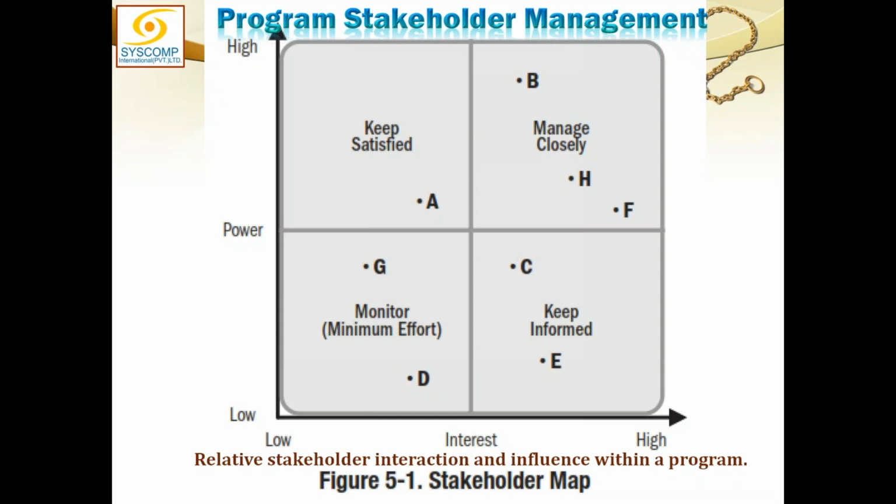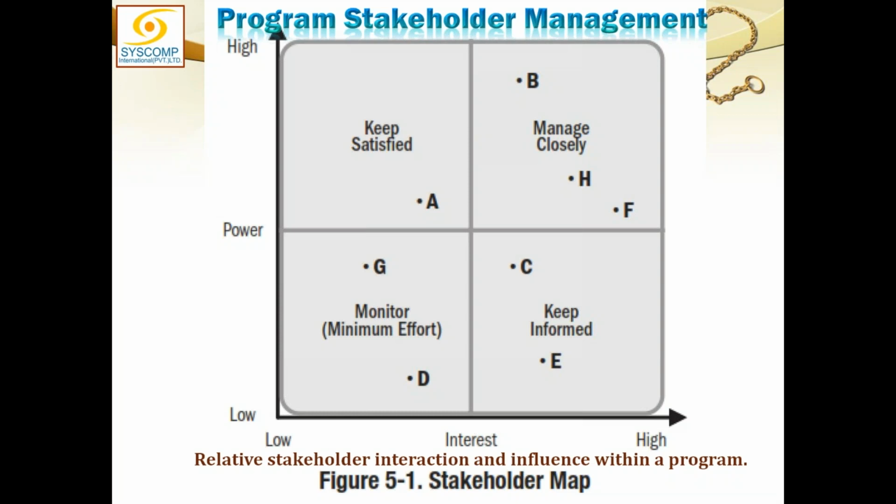Top left quadrant high in power and low in interest. Bottom right quadrant, that is high in interest and low in power, and bottom left is low in both, low in power and low in interest.